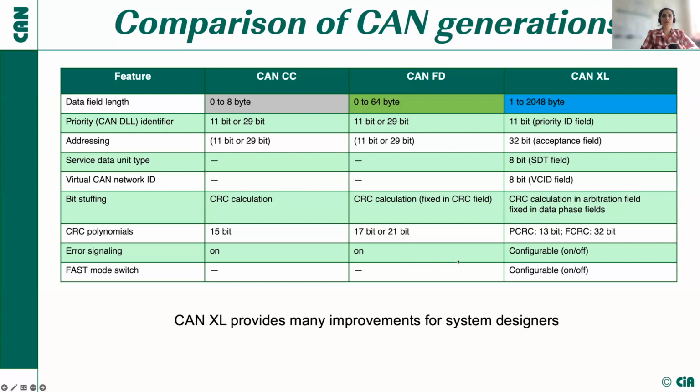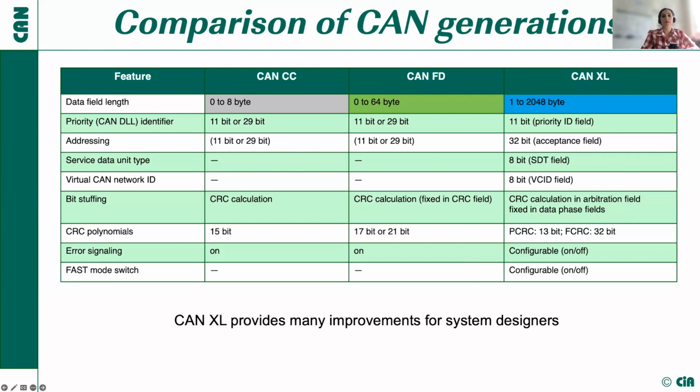Therefore, two kinds of setting are available. When the error signaling is enabled, it means that the node behaves like a CAN FD or CAN CC node regarding the error handling. And when the error signaling is disabled, it means that there is no automatic retransmission of faulty data frames.